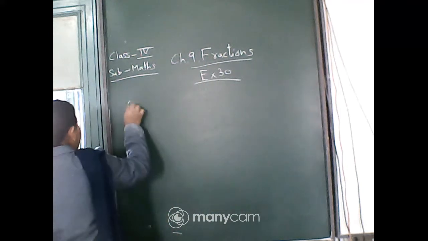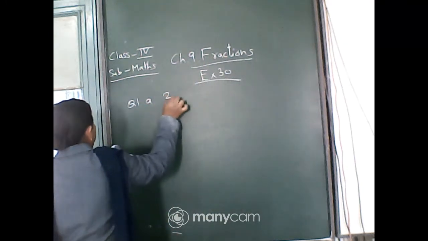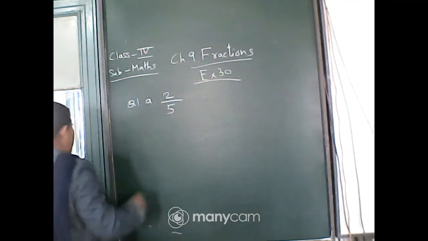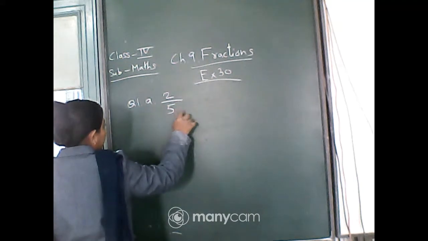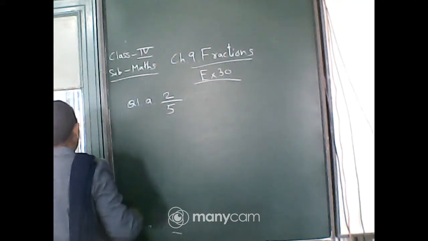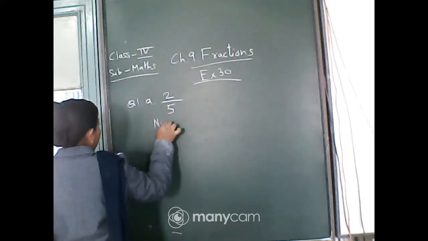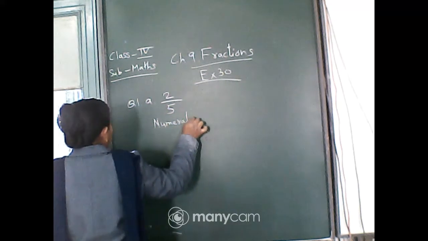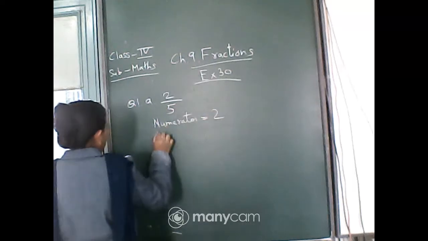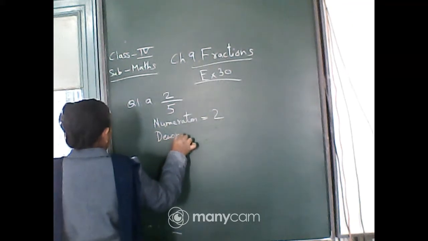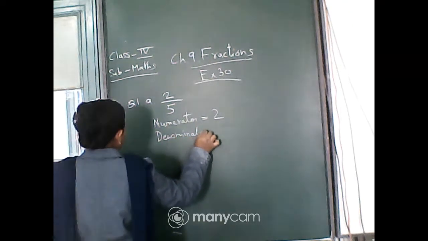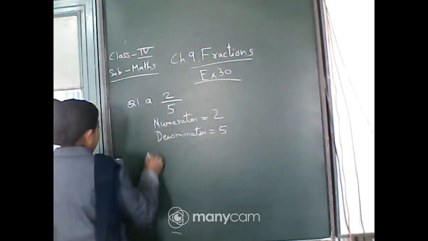Question number 1A. So this upper one is called the numerator and this is called the denominator. So what will you write? Numerator is equal to 2 and denominator is equal to 5.